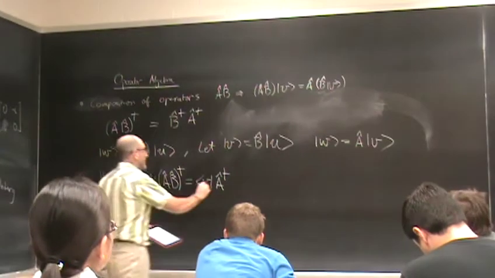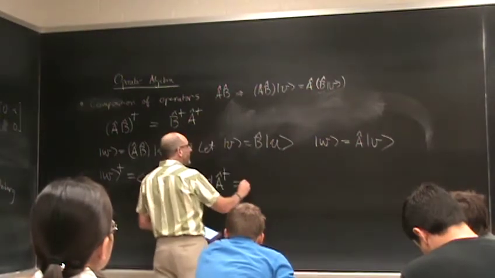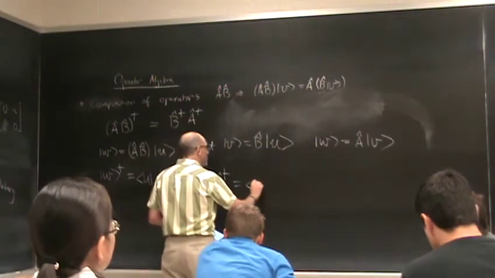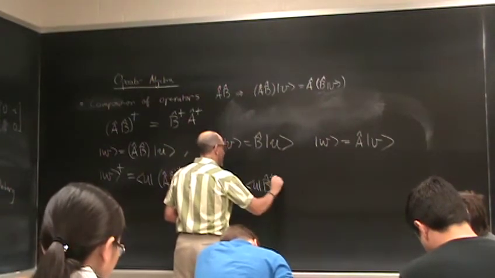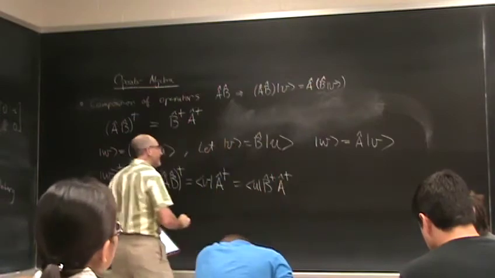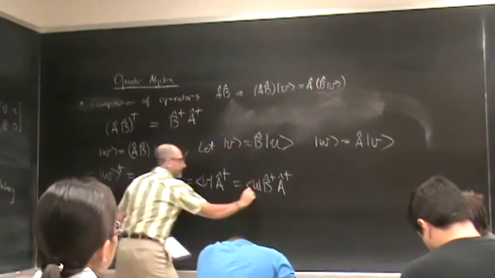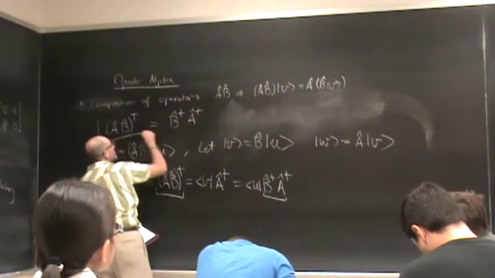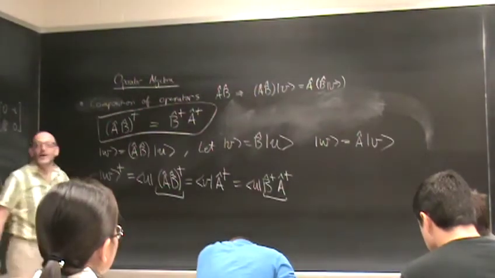But V dagger, or V bra, is equal to U bra, B dagger. And thus this is equal to that. That's correct.